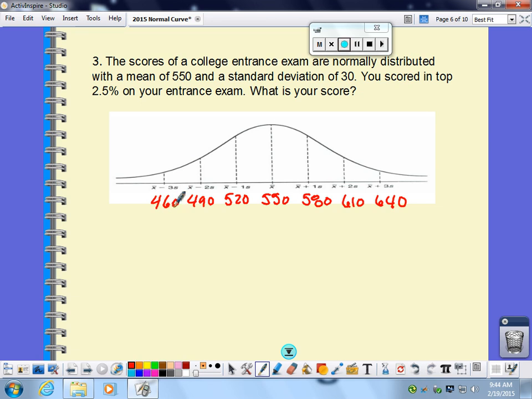Okay, there's our setup. You score in the top 2.5% on your entrance exam. What is your score?